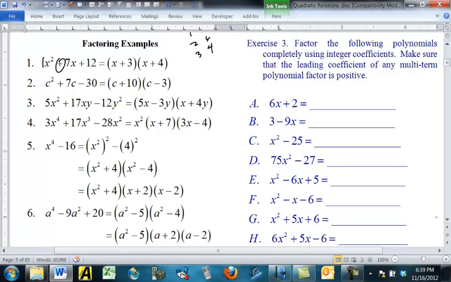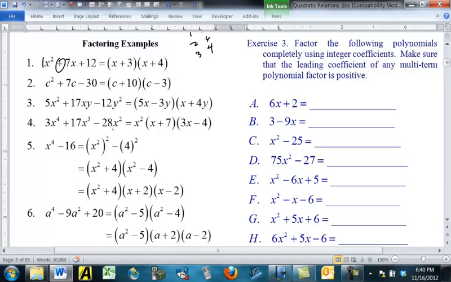Turns out 3 and 4 is the one that works if you get the signs like they are here. If you ever get the signs giving exactly the opposite of the middle, just switch your two signs and then it'll work out. So 5x times x is 5x squared. Here we get -12y squared. And then check the middle term. -3xy plus 20xy is 17xy.